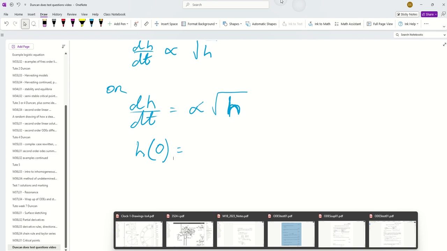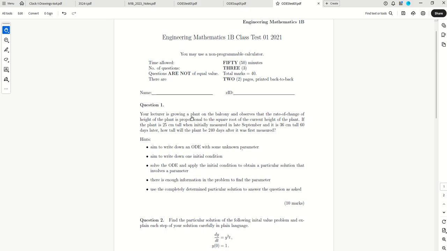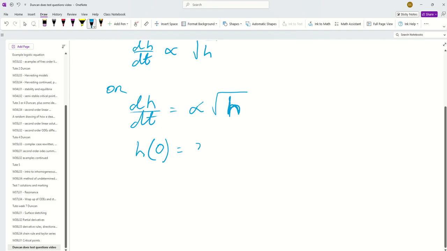Here we go. 25 centimeters tall when initially measured, right? So we've measured this at 25 centimeters. So this forms an IVP, an initial value problem. The ODE is first order. It is not linear because we've got a square root of the dependent variable, but it is separable and autonomous.